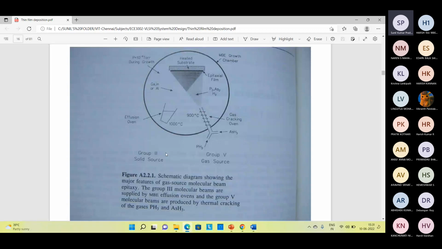During the growth, the pressure is 10 to the minus 2 torr to 10 to the minus 4 torr. And this is the heated substrate, epitaxial film, MBE growth chamber. This is the effusion oven, gas cracking oven, group 3 solid source, and group 5 gas source.